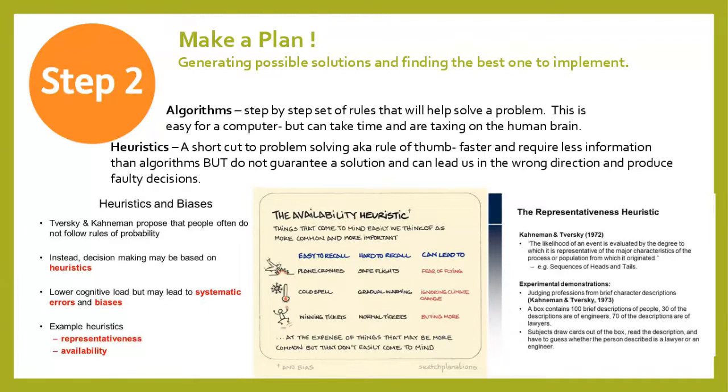So experimental demonstrations that they use, judging professions from a brief character description. Okay, so think of a librarian. You have got something in your head of what a typical representative librarian looks like. And you see somebody who looks completely different, who you find out is a librarian, but they don't fit the picture of what you had in your head as being representative.